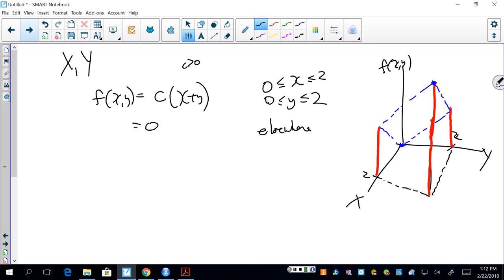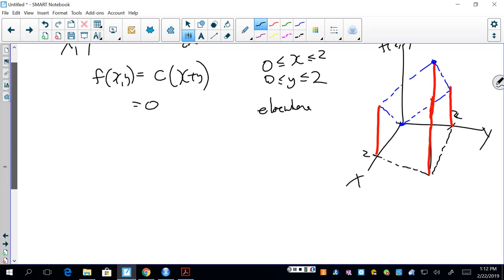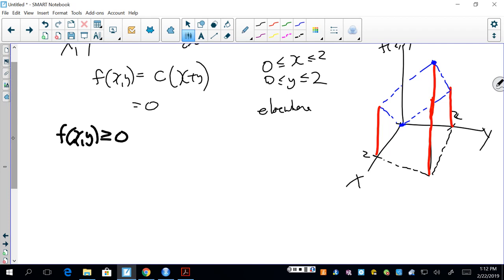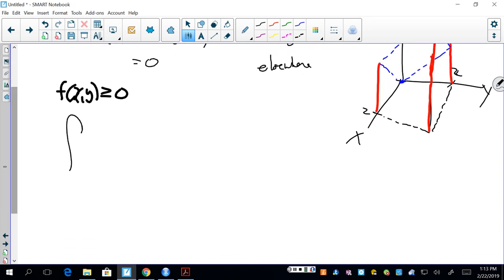But anyway, these joint densities, just like all of them, have to be greater than or equal to 0. And the area under that whole thing has to be 1. So the integral is actually a double integral.